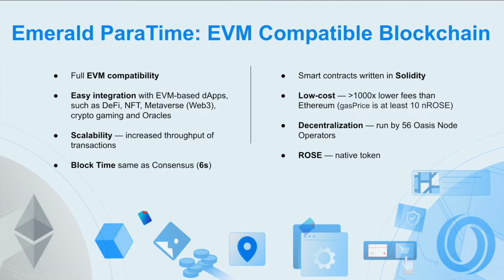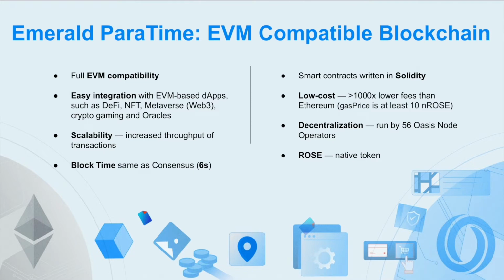Now, we also want to point out that our Emerald network or blockchain is fully decentralized. Nowadays there are approximately 56 Oasis ParaTime nodes, but we don't run anything. So it's run professionally by Oasis nodes, and also by the community.